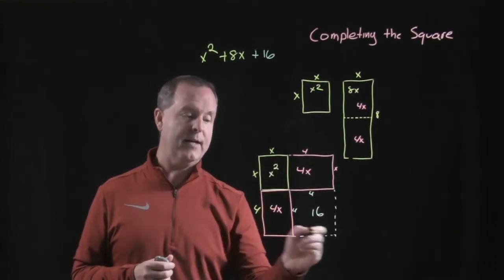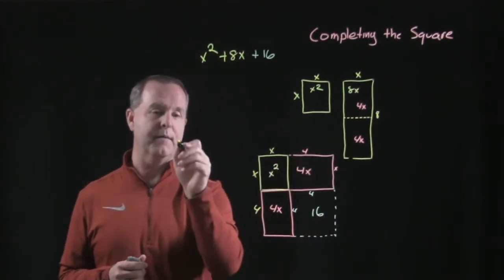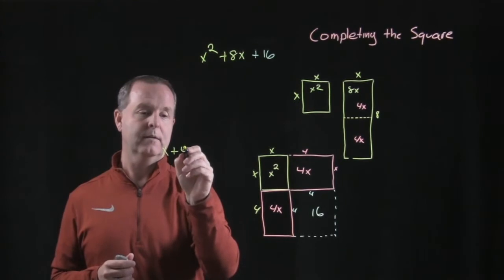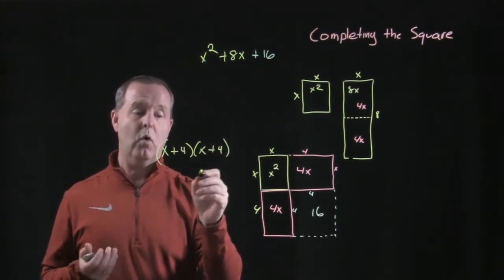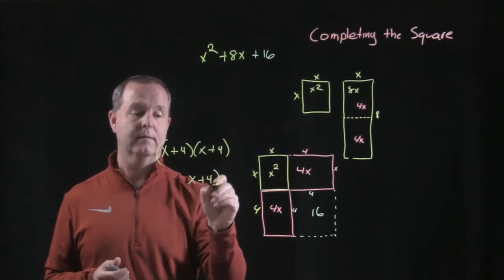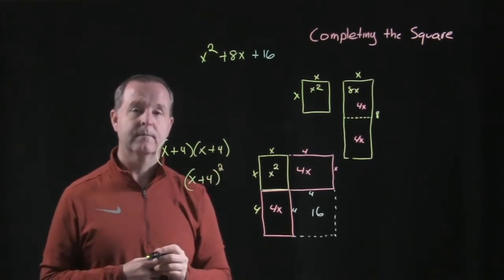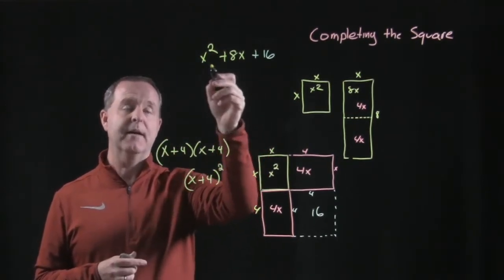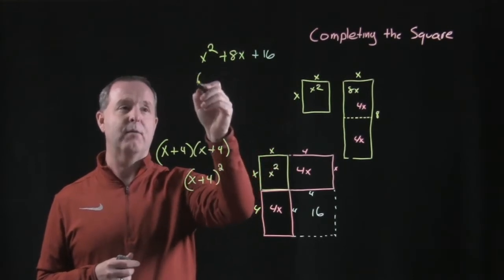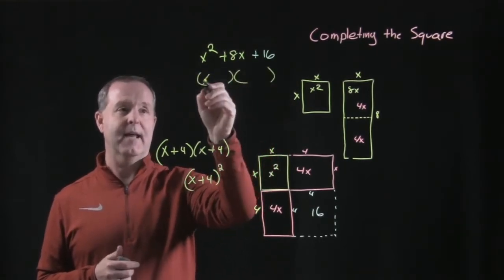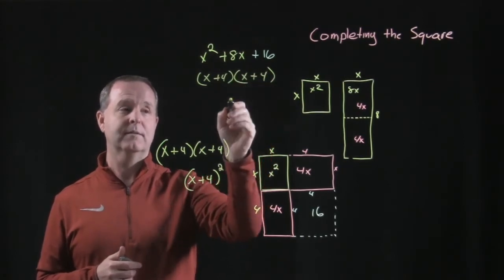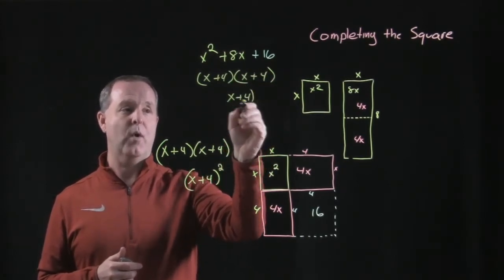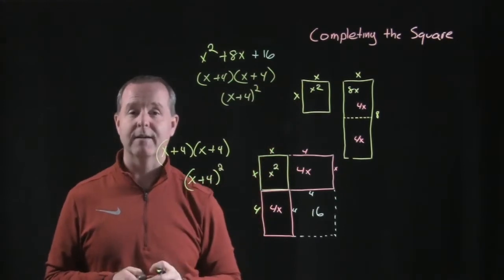How do you find the area of a square? Length times width. x plus 4 times x plus 4, or just x plus 4 squared. And that is what I have right here. If I were to factor that down, this is x plus 4 times x plus 4, which is now our squared term, x plus 4 squared.